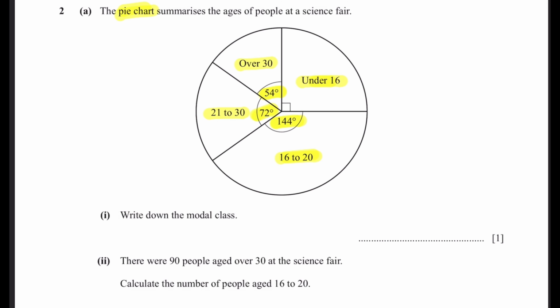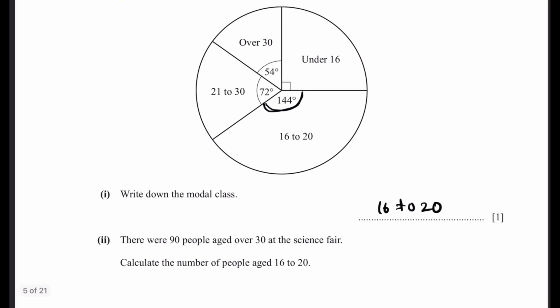We need to find the modal class. The modal class is the one with the highest frequency, which is the highest angle. So the modal class will be 16 to 20.